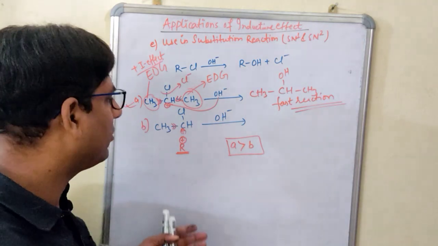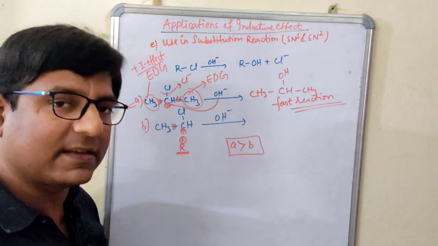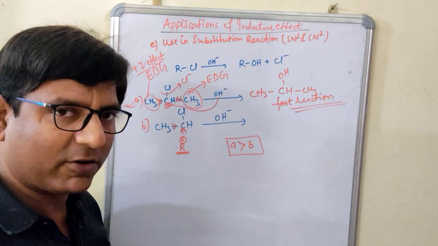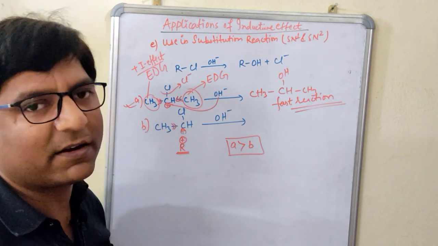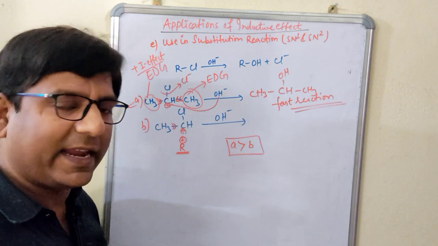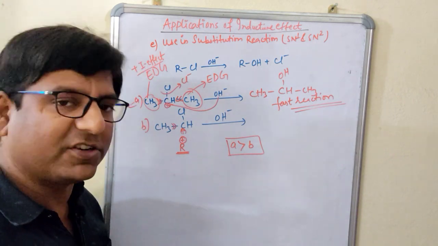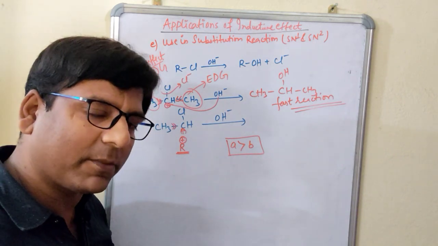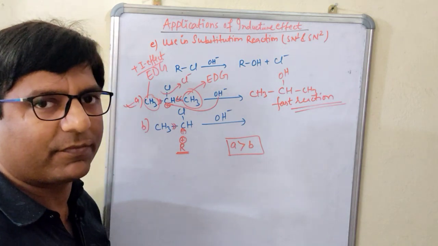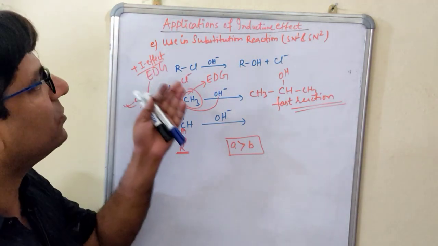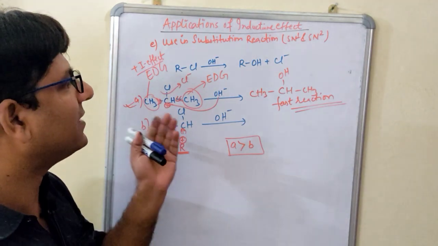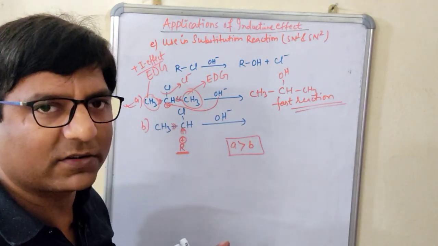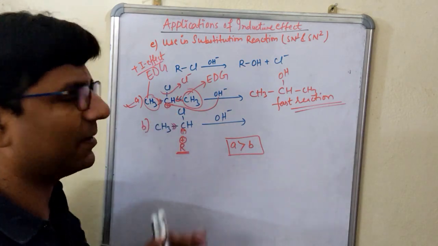And if alkyl groups are present, they are stabilizing the positive charge by donating electrons. How many? Is it a tertiary alkyl halide, secondary, or primary? In case of primary, it will be slow. Tertiary will be fast because it is being stabilized from all three sides. So this is the use of the inductive effect in the substitution reaction, in telling how fast it will give the substituted product. And this was the explanation with the example.